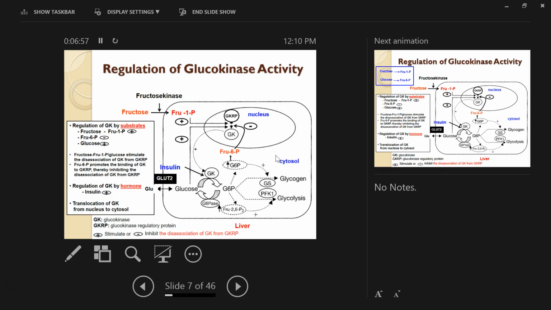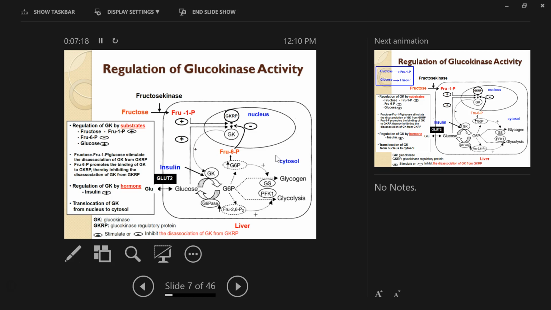And so these 2 substrates basically can stimulate glucokinase activity, right? Does that make sense? Because you can stimulate the release of glucokinase from the nucleus to the cytosol for reaction.